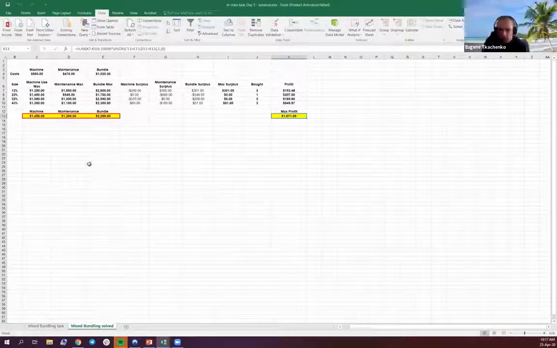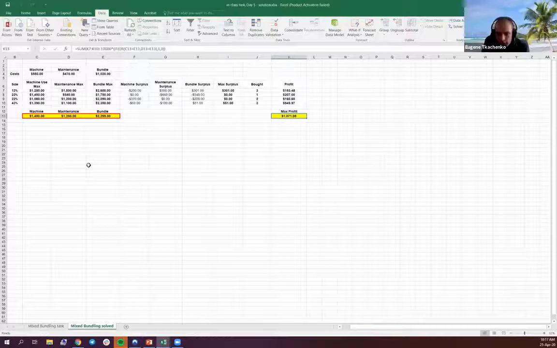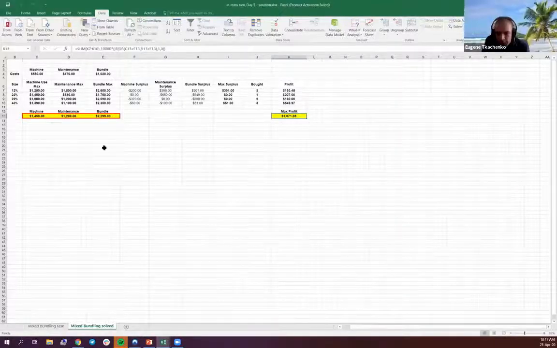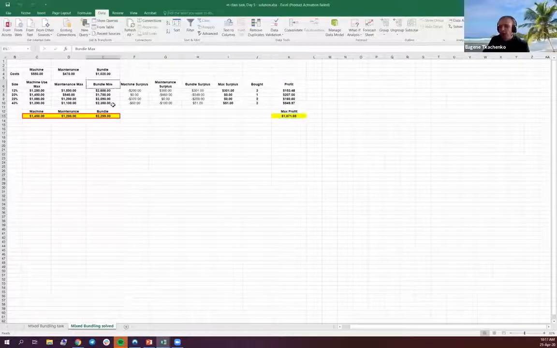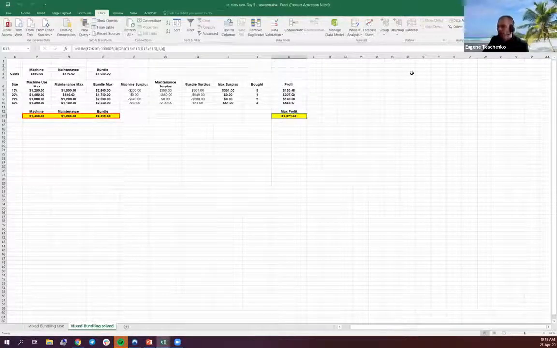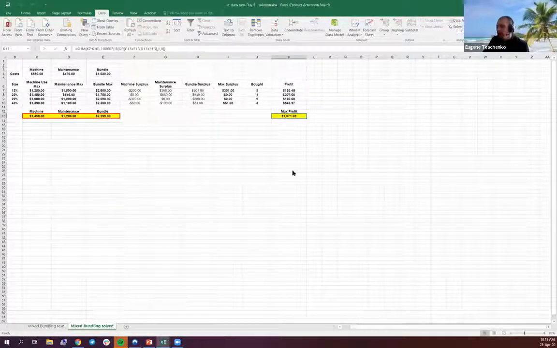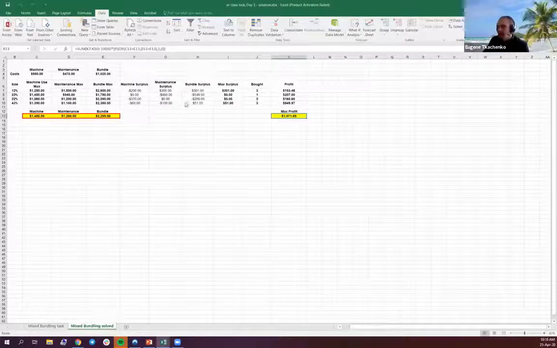I see some questions. Igor Kapunin says that in this case we obtain a bundle price higher than max. Yeah, that's what I was saying, Igor, I just didn't include that assumption. So the most accurate answer would probably be 900. But overall, the assumptions I used were pretty much the same.